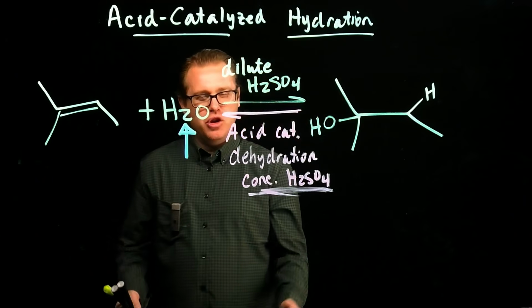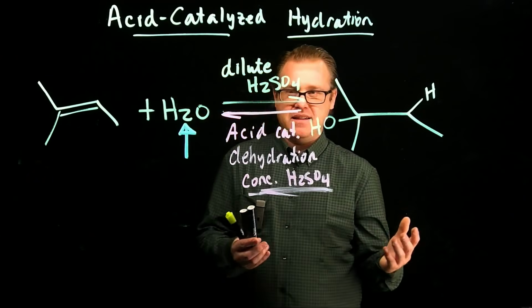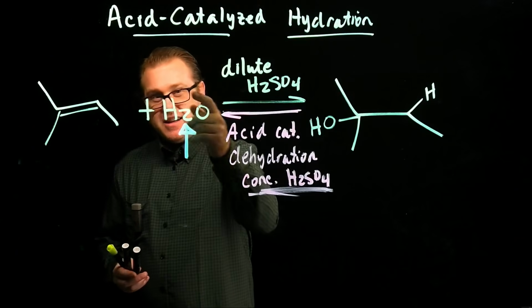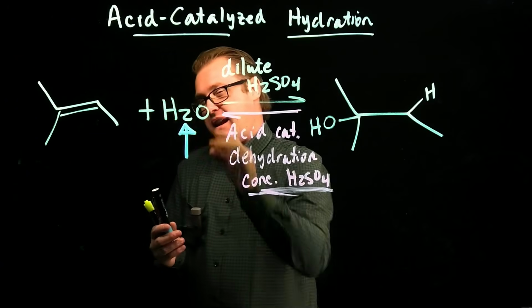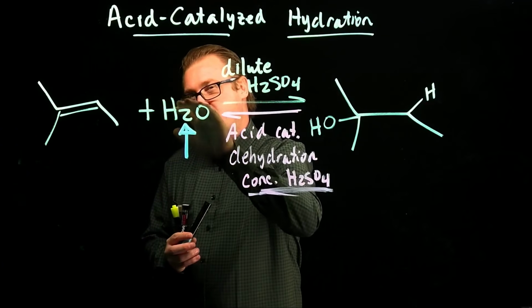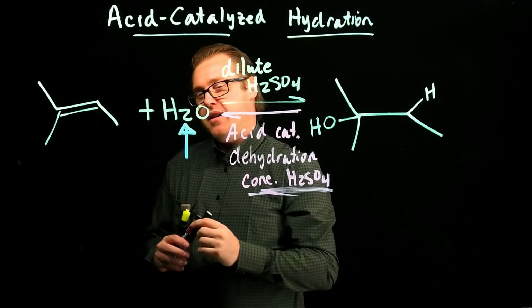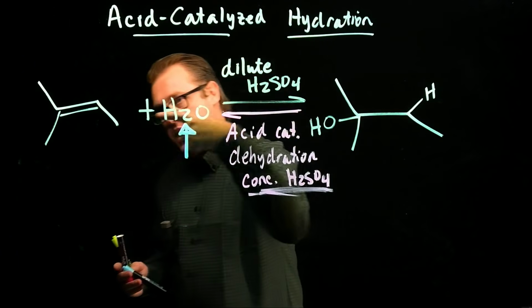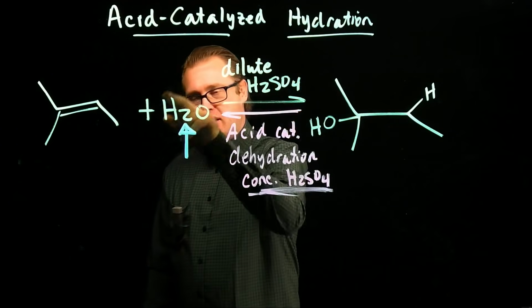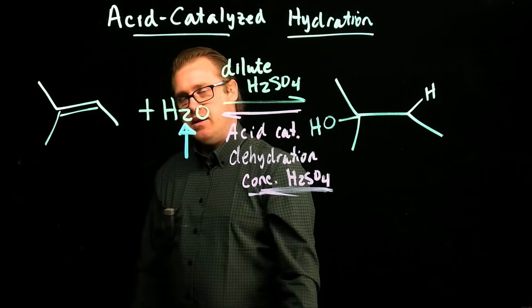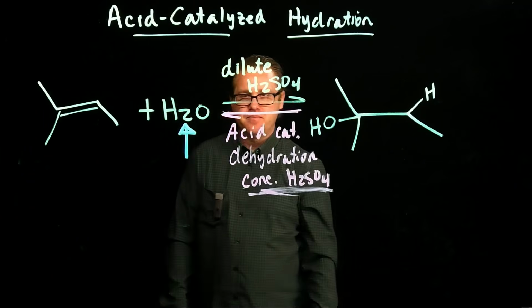And what are you doing when you're adding more sulfuric acid? You're basically diluting the amount of water. So you could kind of look at it like, hey, you're having less water. So Le Chatelier's principle says you've got to drive the reaction to the left to compensate for the amount of water that's being diluted down.